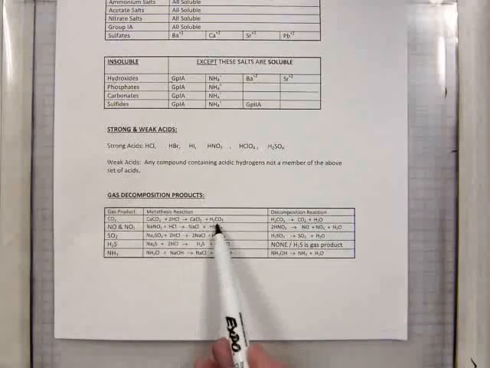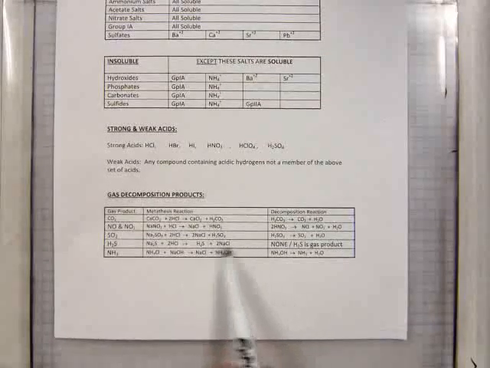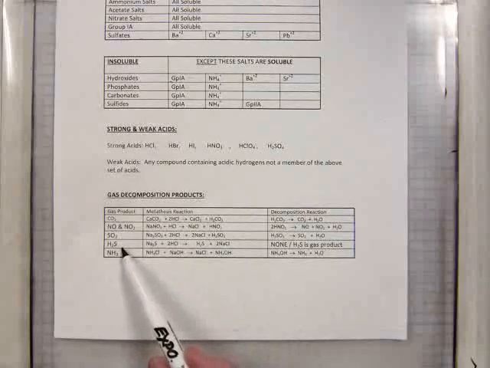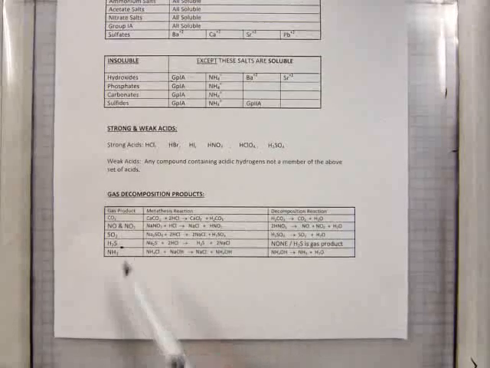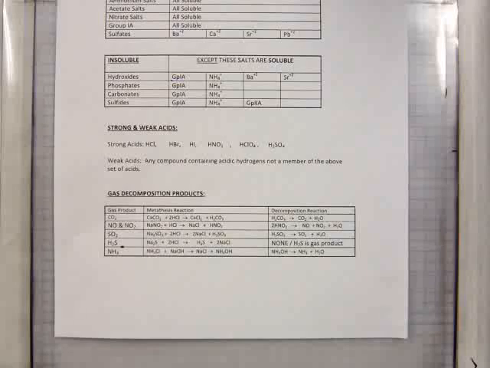Here you notice that a weak acid is generated in every case except the H2S, and that in itself is a volatile gas, and it comes out of the reaction. It smells like rotten eggs.